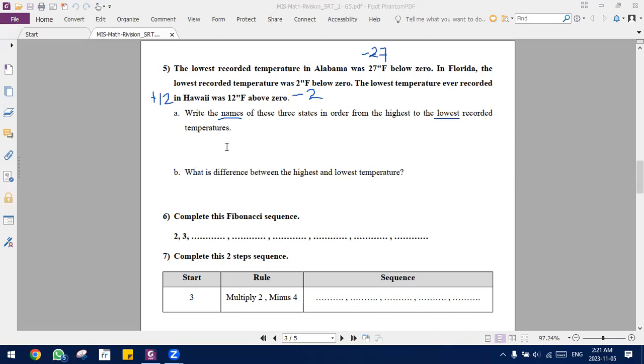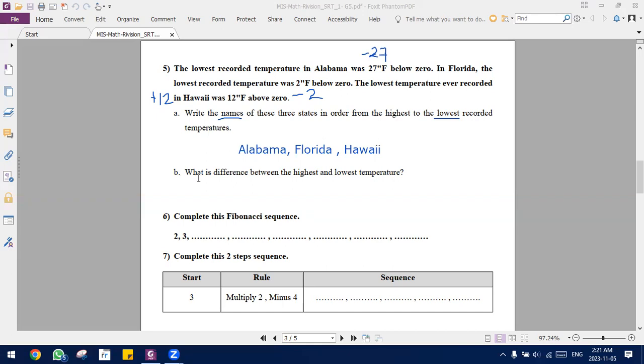So which one is the lowest? Is it minus 2 or minus 27? Of course, minus 27. So which is Alabama? This is the lowest one. And then after that, we have the minus 2, which is Florida. And the last one is Hawaii. So this is in order from lowest degree to the highest one.